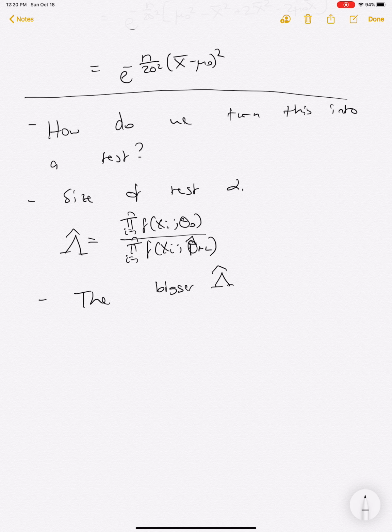The bigger gamma hat, the more likely we are to accept or not reject H0.